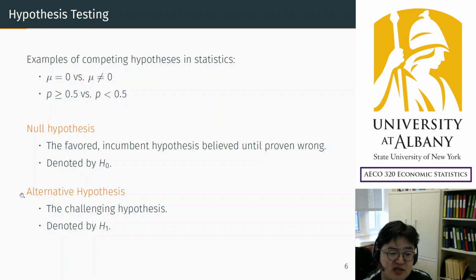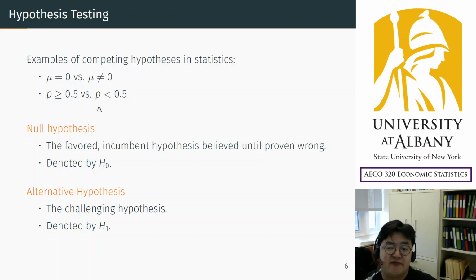So the first hypothesis is called the null hypothesis. This is the hypothesis that you believe without any evidence. So without anything, you believe that, so it is called the null hypothesis. There is no statistical evidence for that. It is null, right? But it is favored because you believe that.